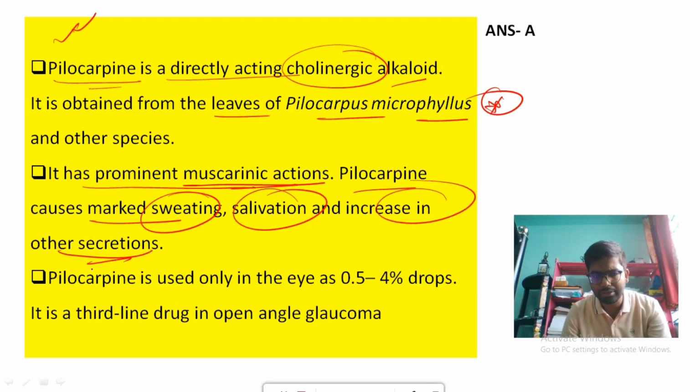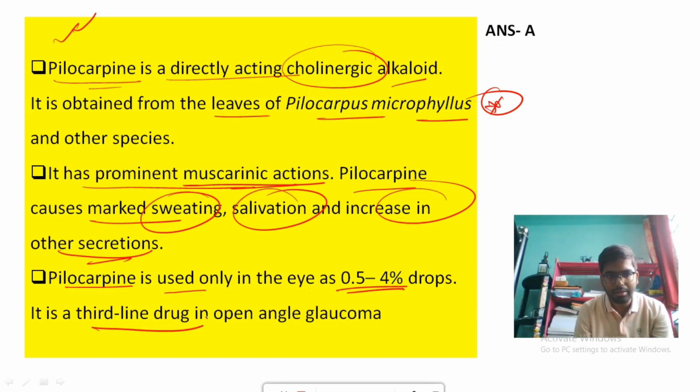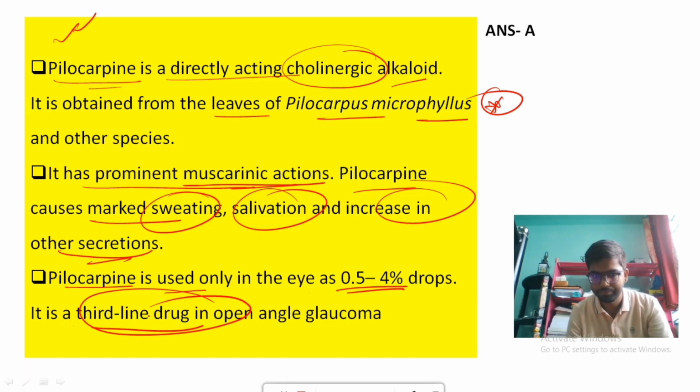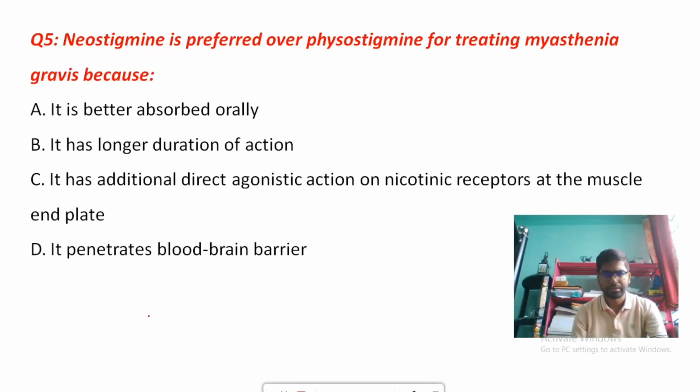As it's a cholinomimetic drug, it produces actions similar to acetylcholine. Pilocarpine is used only in the eye as 0.5 to 4% drops. It's a third line drug in open angle glaucoma. So that is the use of pilocarpine. Coming to the next question.